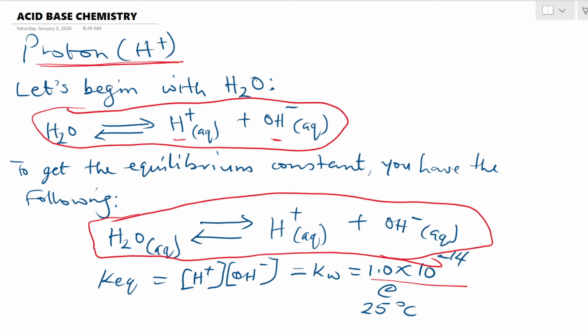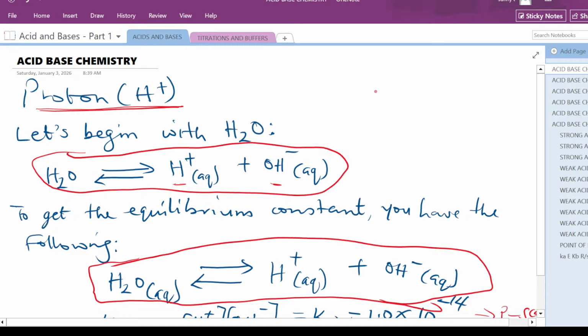Now, like I said, this value brings us to what? The p scale. For the p scale, we have things like the pH, which is the negative log of the hydrogen ion concentration.